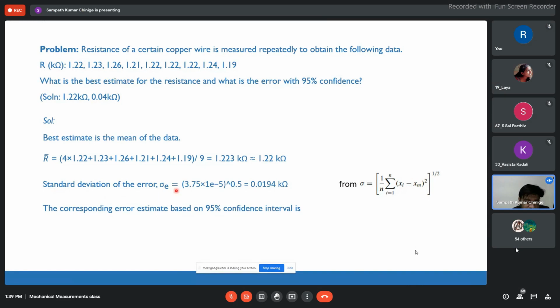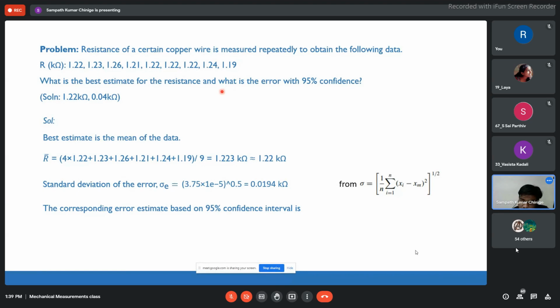And later you have the corresponding error estimate based on the 95% confidence interval. Can any one of you tell me what standard deviation a 95% confidence interval leads to? Whether it is 1 sigma, 1.5 sigma, 2 sigma, 3 sigma.